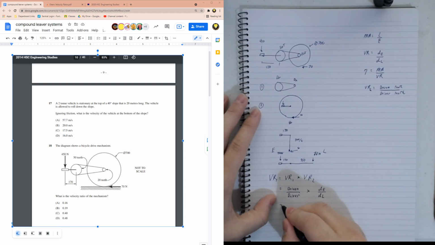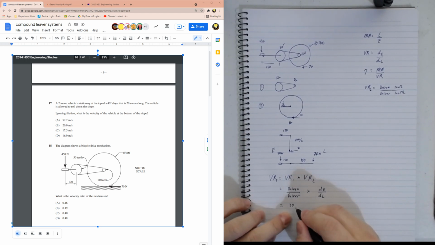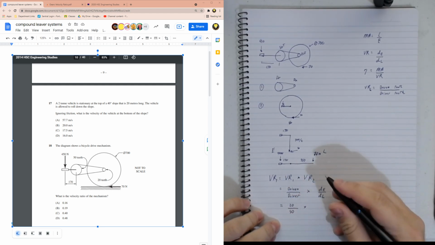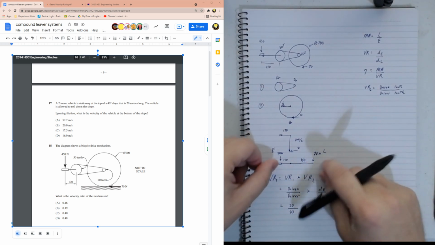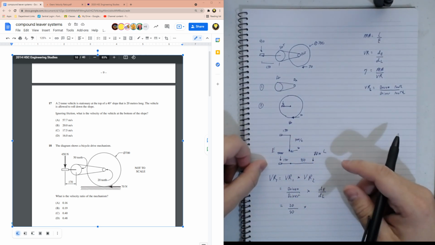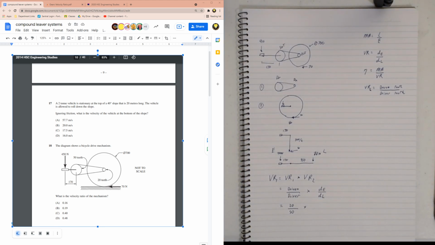So our driven is 20 teeth over our driver, 50 teeth, times the distance our effort moves. It moves in a circumference around a pulley, but we get to eliminate our pi and our angle, so we only care about the radiuses.